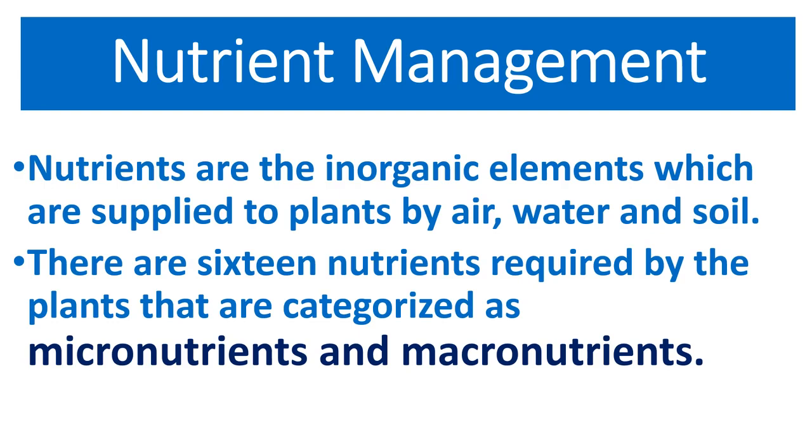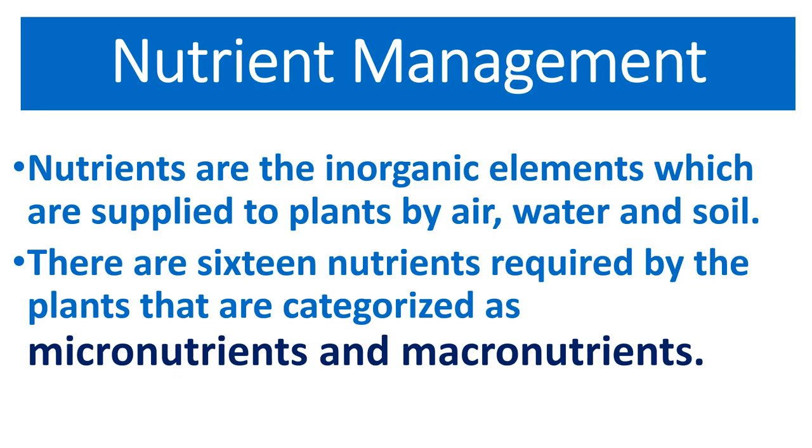So these nutrients, that is inorganic elements, are supplied to the plants either by air, water, or soil. Now there are total 16 nutrients. How many? 16 nutrients which are required by the plants, and they are essential also.